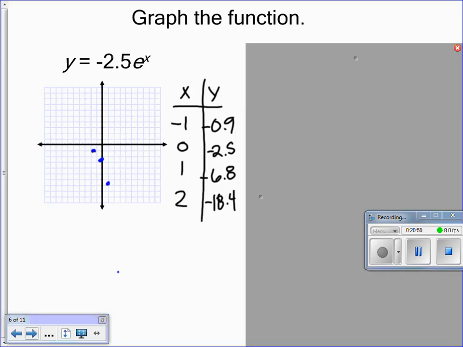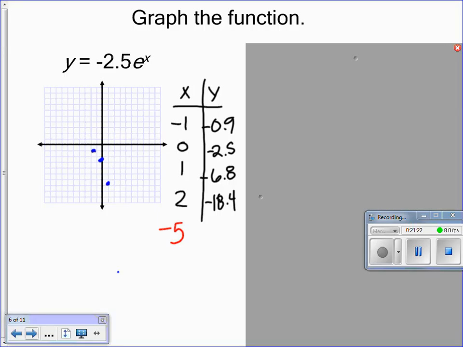But I'll say this, if you're not sure what happens with your graph, pick more points. Maybe I'm not sure what happens on the left side. I'm going to add an extra number to x in the table. I'm going to see what happens at negative 5. I'm just curious. Where is my graph when x is negative 5?